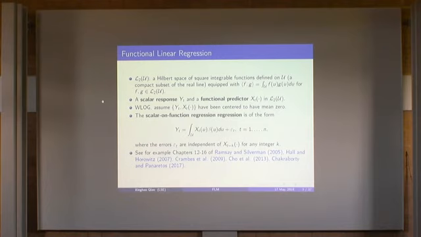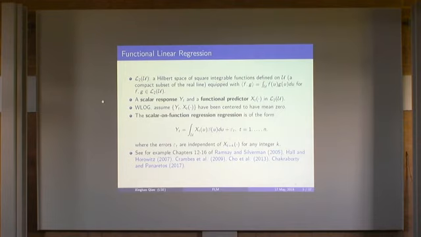But this is the simplest functional linear regression model, and further extensions can have the response variable also be functional. That means both the response variable and the predictors are functional. And without loss of generality, we assume that the response variable and the functional predictor are both centered to have mean zero to facilitate our estimation procedure.